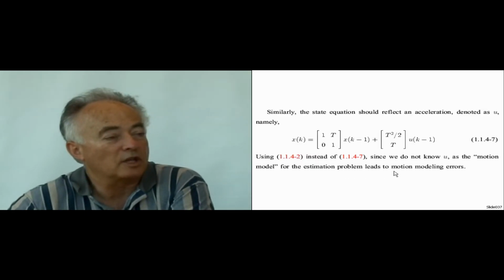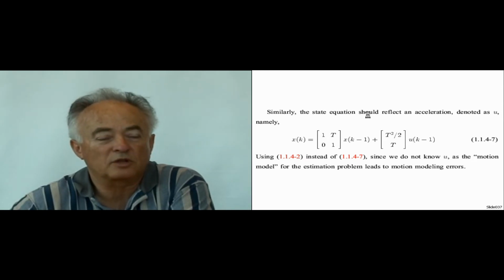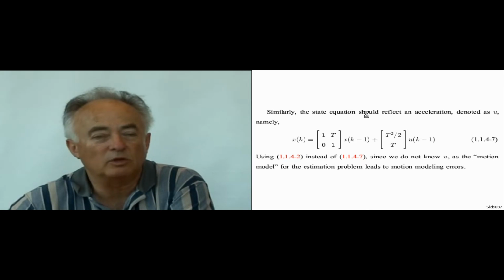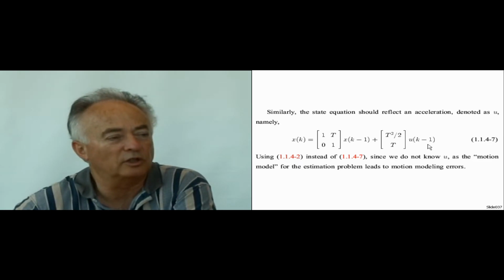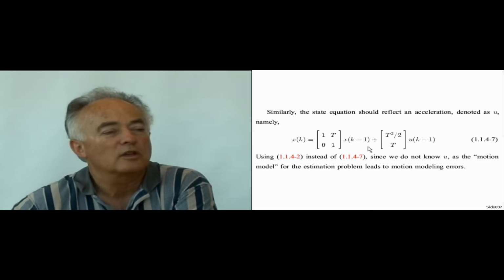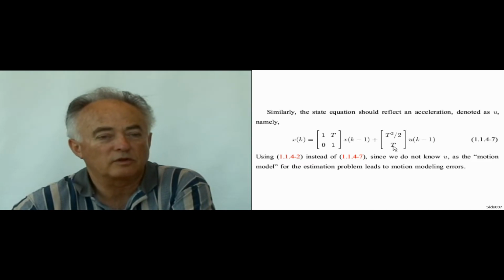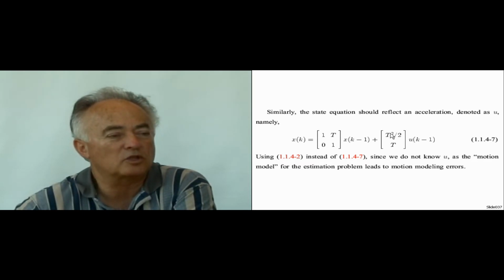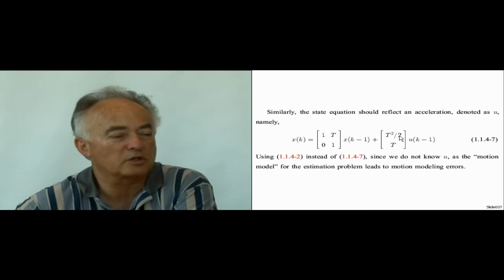Similarly, the assumption that there is an absolutely constant velocity or range rate between the two vehicles is not realistic. So what we have to do is introduce another term in the equation, namely a relative acceleration u, which multiplied by time T changes the relative velocity, and multiplied by T squared over 2 will give the position displacement due to the acceleration.